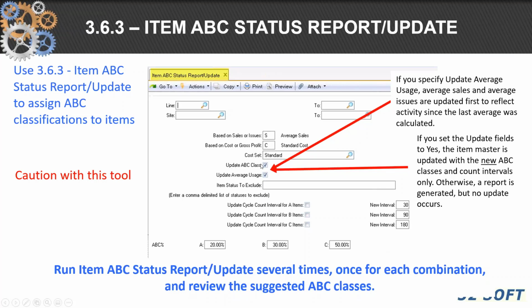And these two checkboxes, update ABC class and update annual usage, are how you are going to actually update the values in QAD with this ABC analysis. I would use caution with this tool because this is very important. It's going to set how your cycle count program runs, and you need to understand what's going to happen with your selection criteria and update.